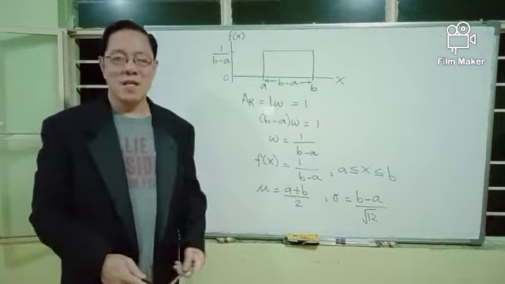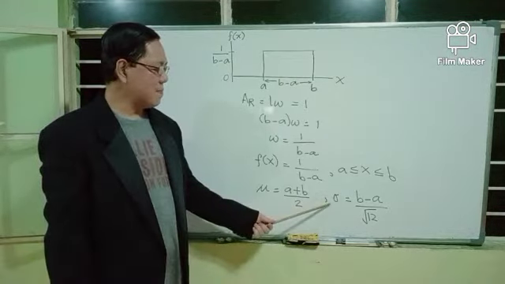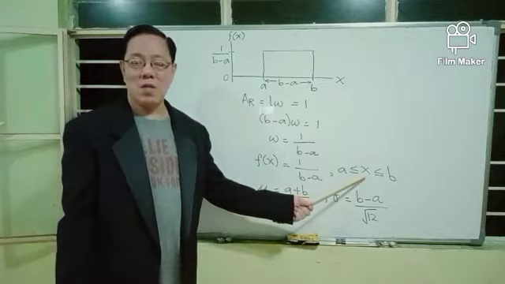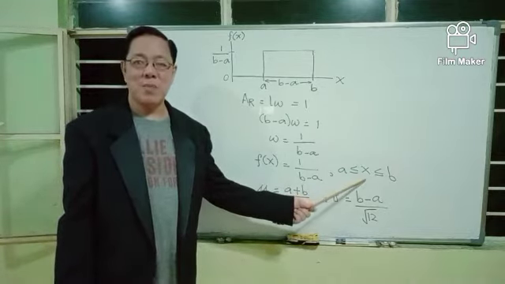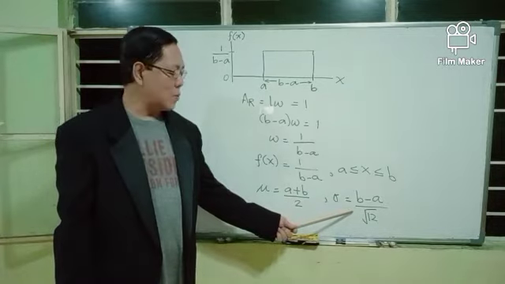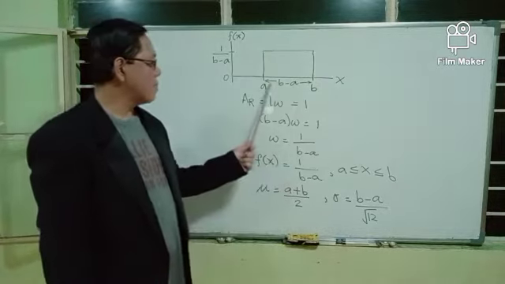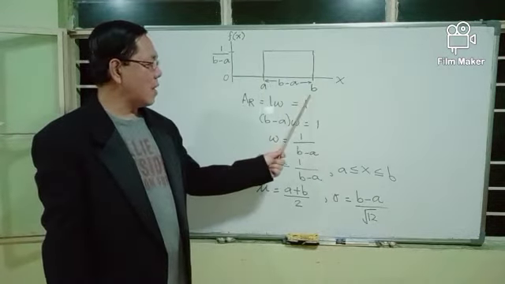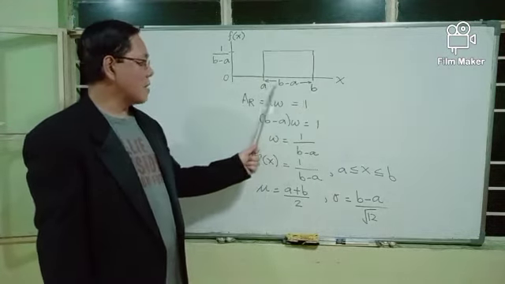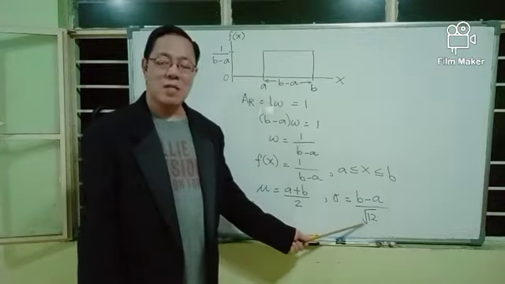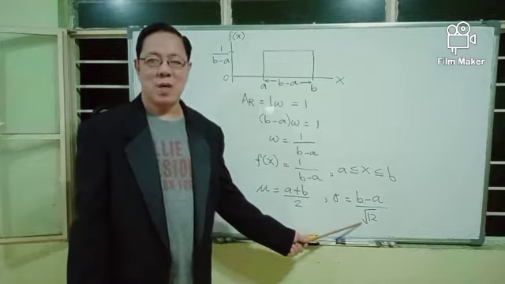Again, the standard deviation, sigma, of the values of the continuous random variable x per uniform probability distribution is directly proportional to the length of the line interval between A and B. The length of this line interval is B minus A. And the constant of proportionality is 1 over square root of 12.